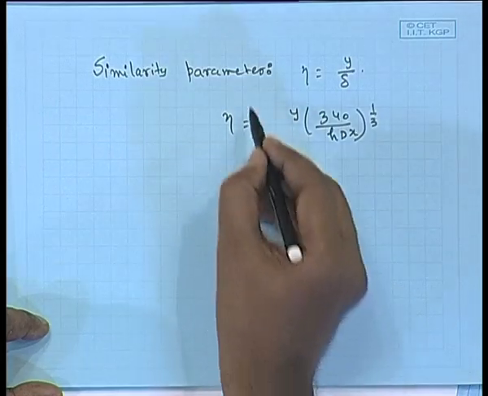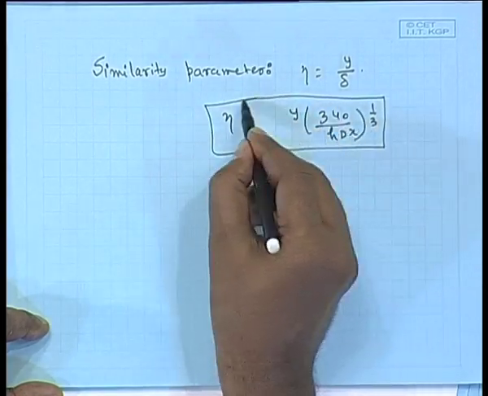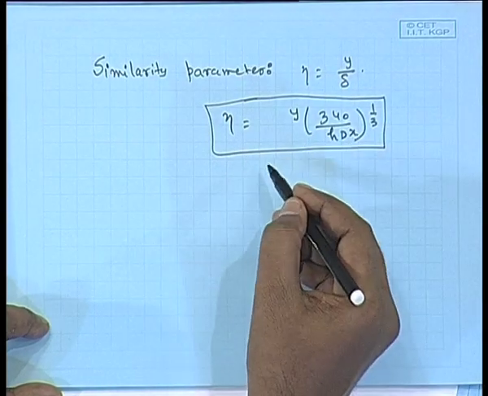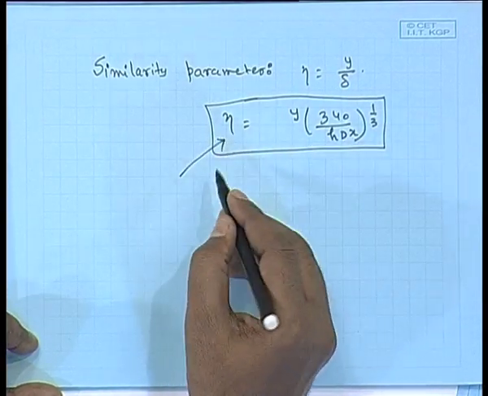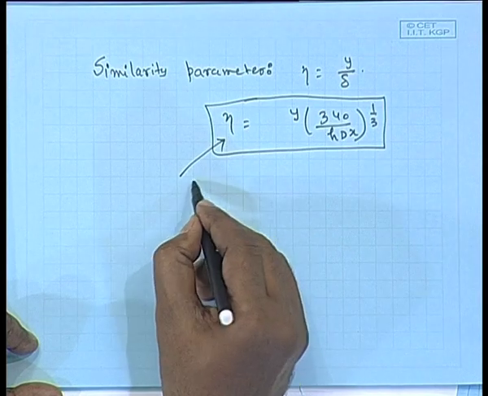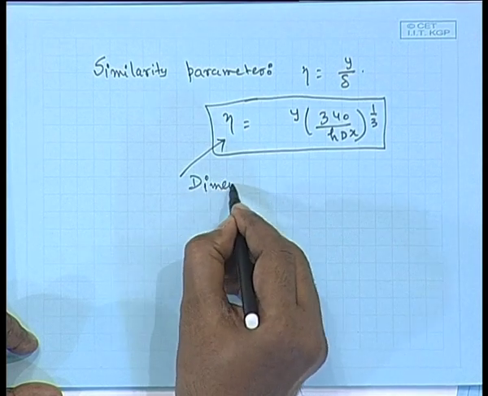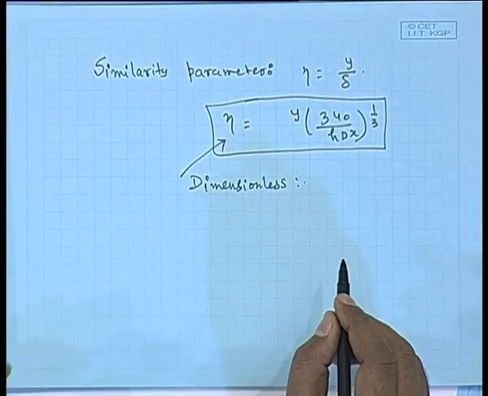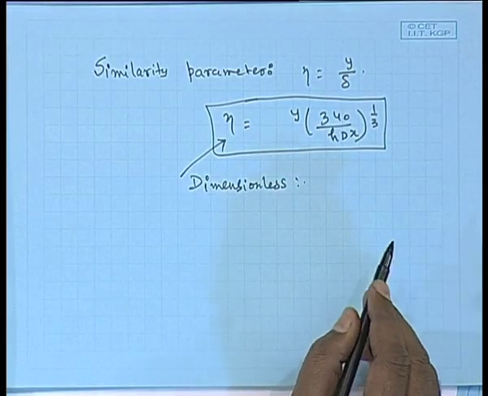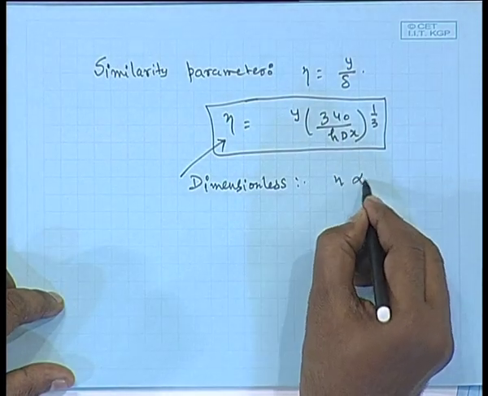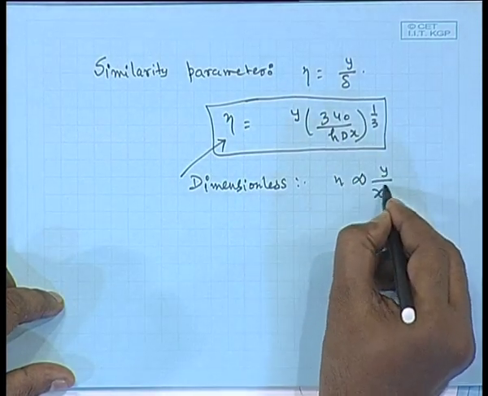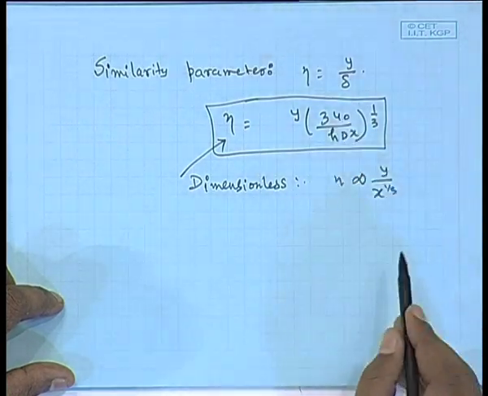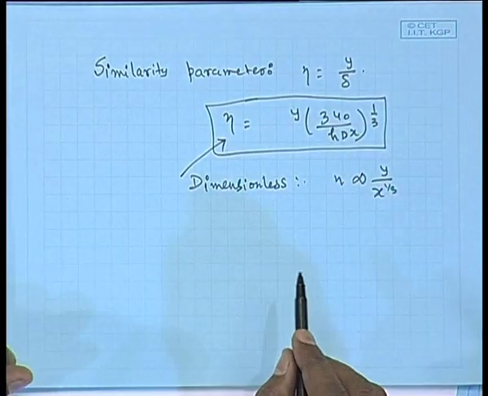This will be the functional form of eta. If you just put in the dimensions, you can check that eta is a dimensionless variable. Basically eta will have a functional form y by x to the power 1/3, and all these constants appear to make it non-dimensional.